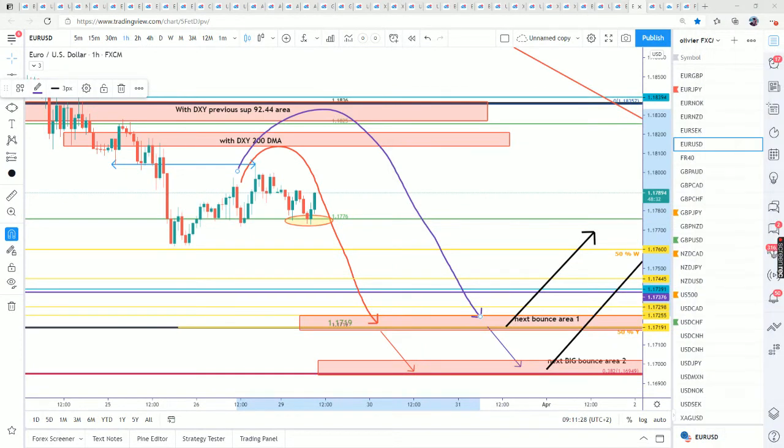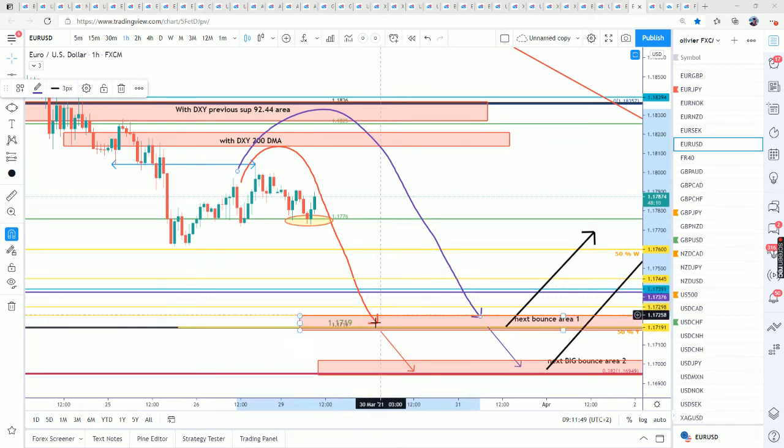So to come back to what we are looking at, the euro dollar, I would like to see this move, bounce here, pull back here, and then come back to the next first bounce area, which is this one, 117.19. And then we see what we have.